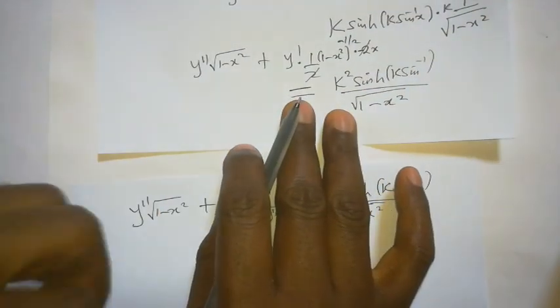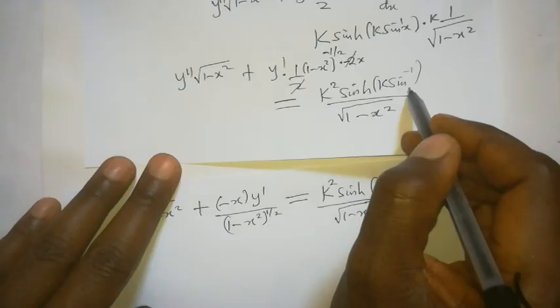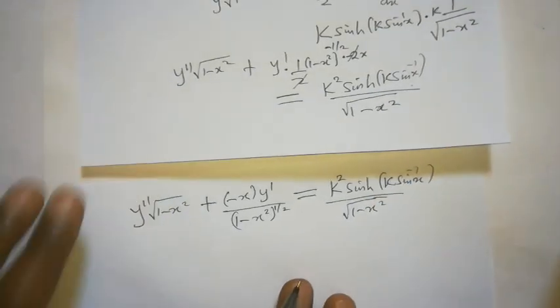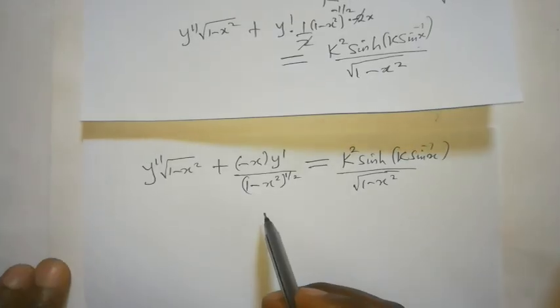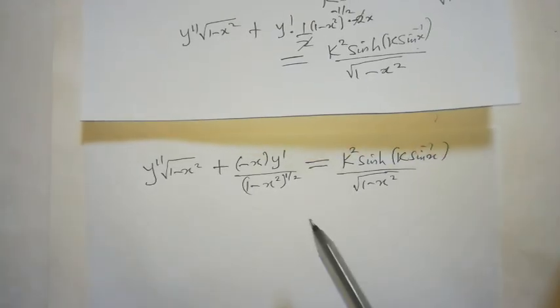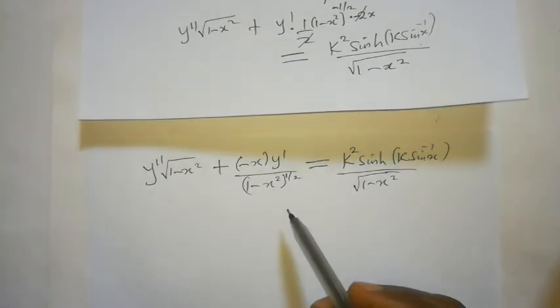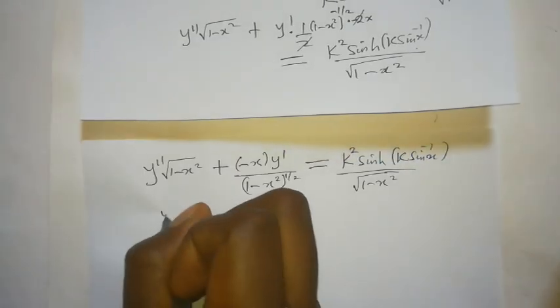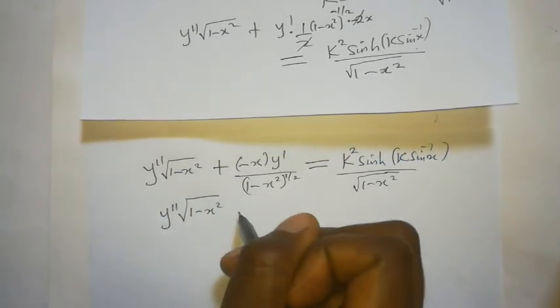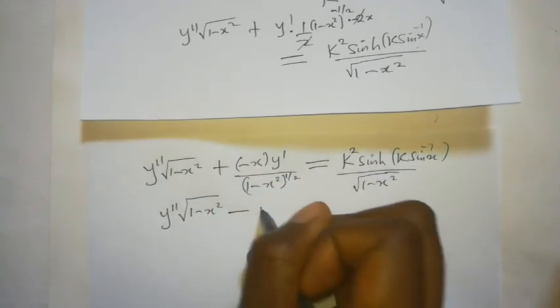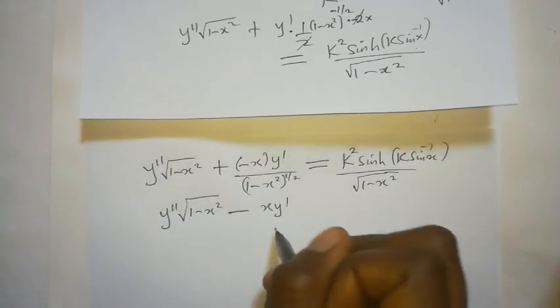Here we have x also. So in that case, as you can see, this also can become y prime prime square root of 1 minus x squared plus times minus is minus, we have x y prime.